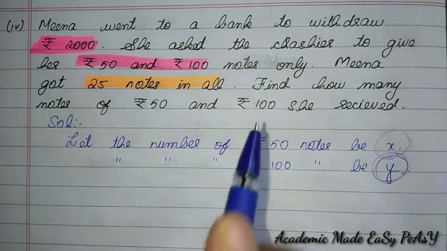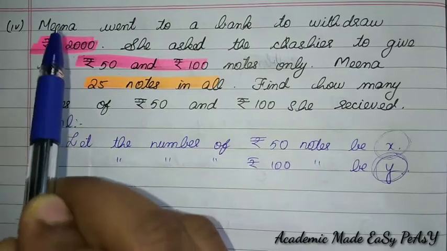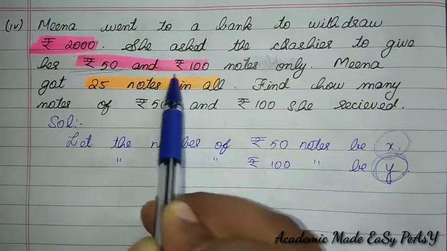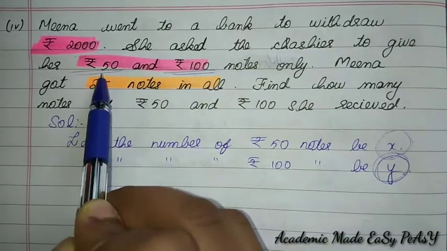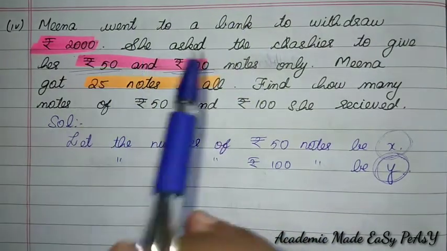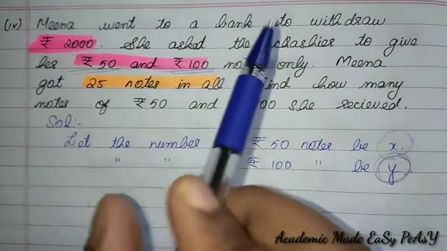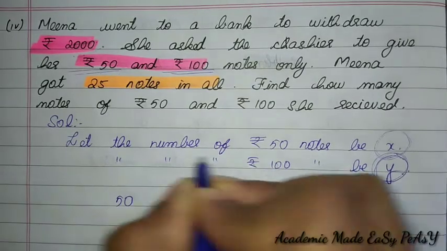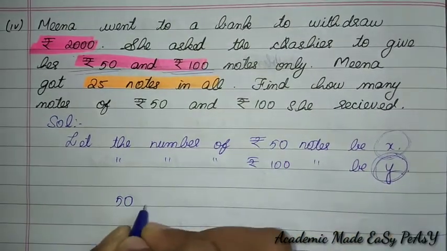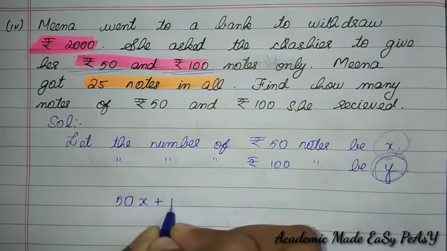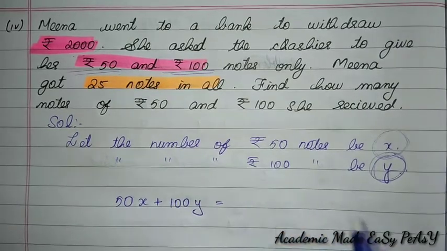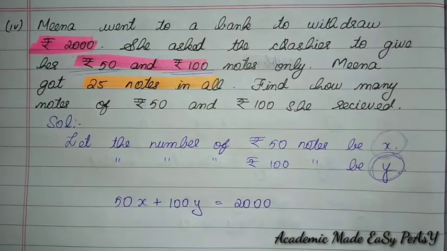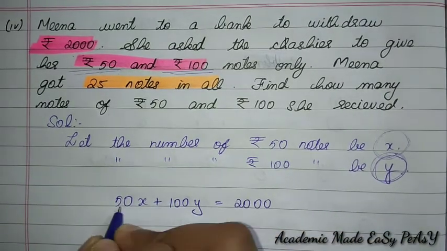Now according to the question, in the first case, the total amount is 2000. She asked only for 50 rupees notes and 100 rupees notes. So so many 50 rupees notes and so many 100 rupees notes give us rupees 2000. So let me have 50 into the number of notes, that is x, plus 100 rupees notes, it is y, is equal to 2000. Now we can also simplify this.